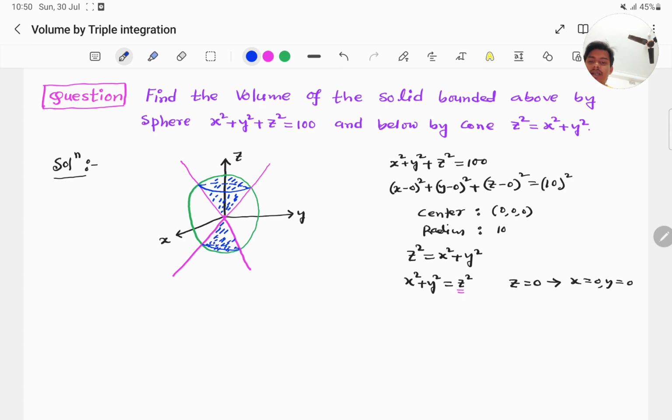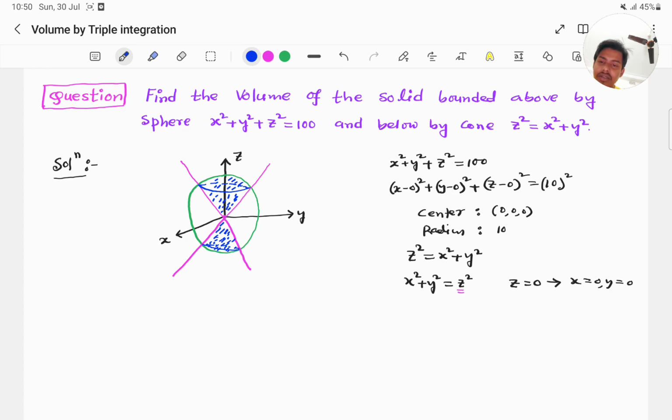If we can calculate the volume of the upper part, the lower part will be the same, because the solid is symmetric with respect to the xy plane. So if we can calculate the volume of the upper part, then we just multiply that volume by 2 to get the total volume.